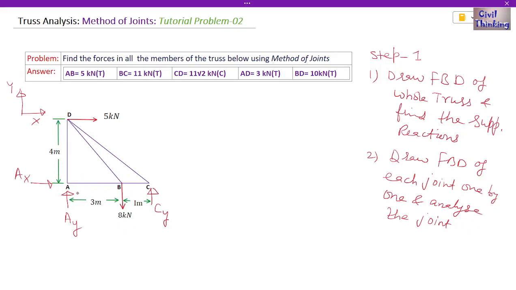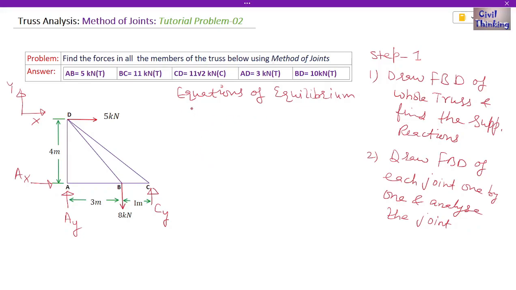Now we have to find the support reactions using equations of equilibrium. I have already made a video lecture on equations of equilibrium; if you want to know more, you can watch it.